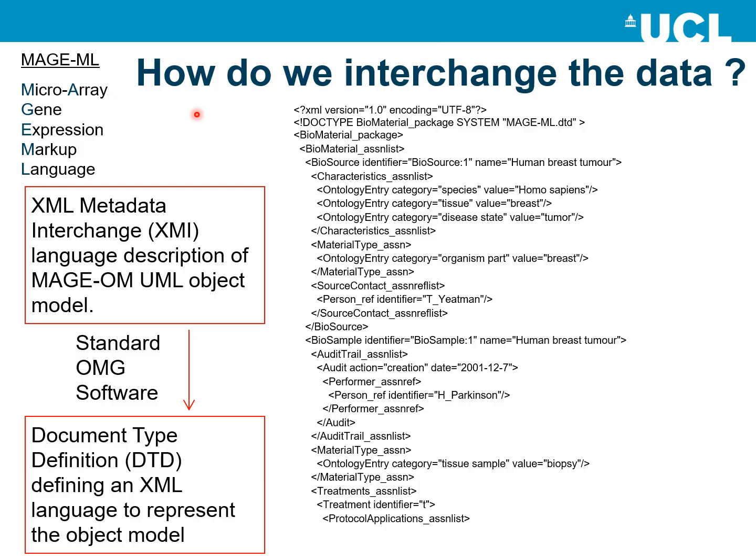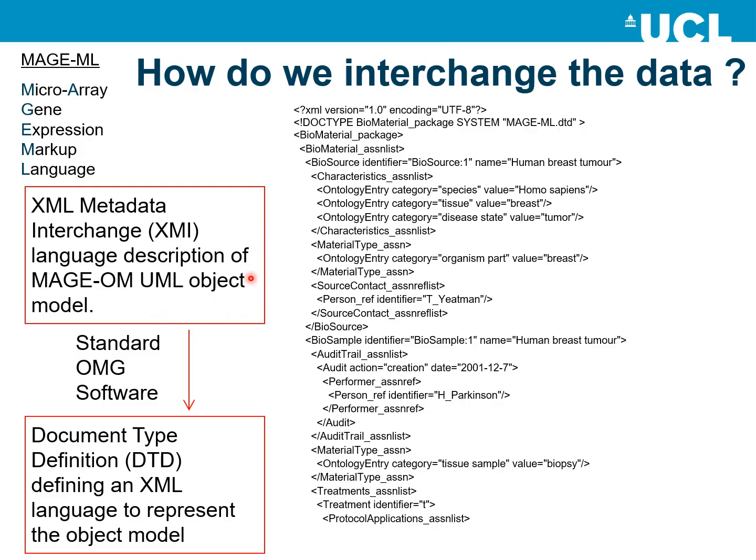So they also came up with MAGML, the microarray gene expression markup language. And again, they used quite modern technologies at that time. They used XML metadata interchange language, XMI, to describe the MAGOM UML model.